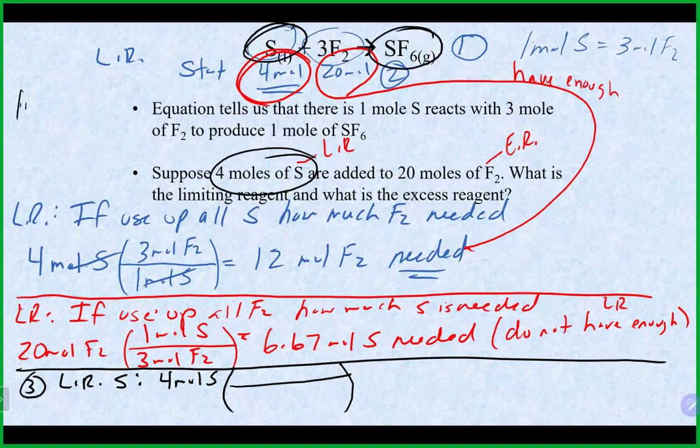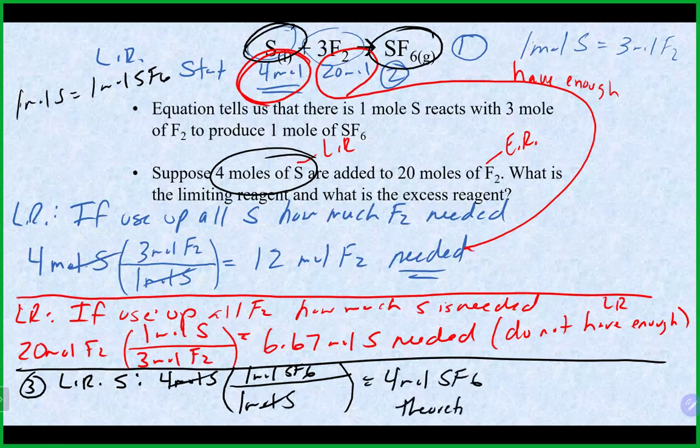So 1 mole of sulfur gives us 1 mole of SF6. Moles cancel, gives us 4 moles of SF6. This would be, once again, our theoretical yield in moles. We could obviously use the molar mass at this point and convert it to grams if we wanted, and it would be the grams of SF6. First off, any question on that?